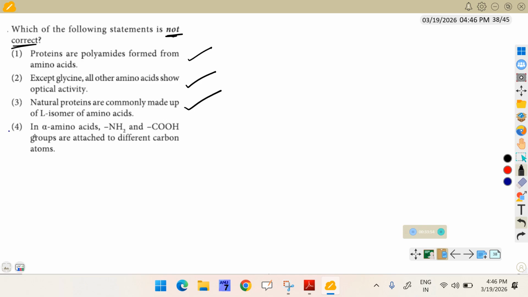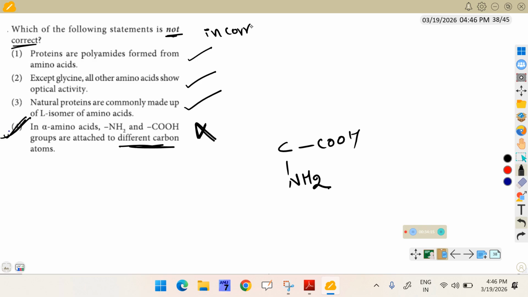In alpha amino acids, NH2 and COOH groups are attached to different carbons. No. NH2 and COOH groups both are attached to the same carbon atom. Then the amino acid is considered an alpha amino acid. So the incorrect statement is the fourth statement.